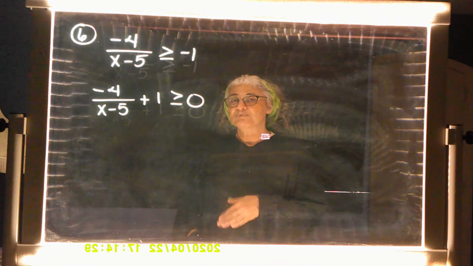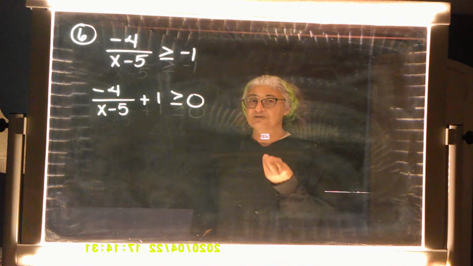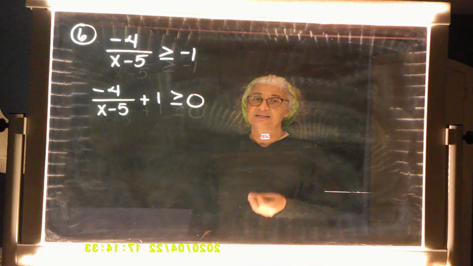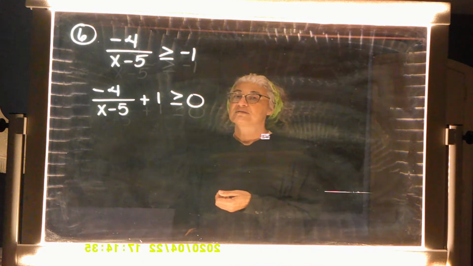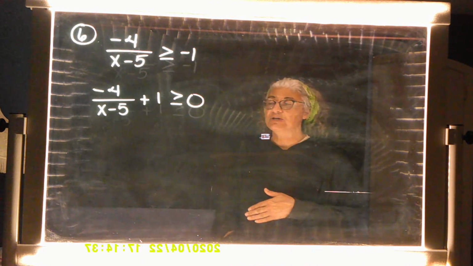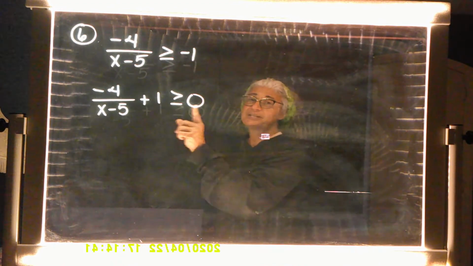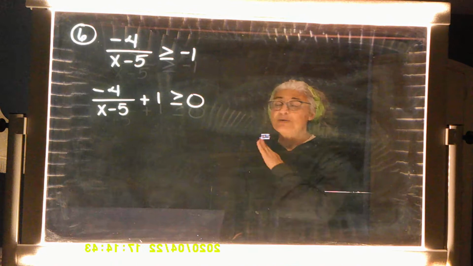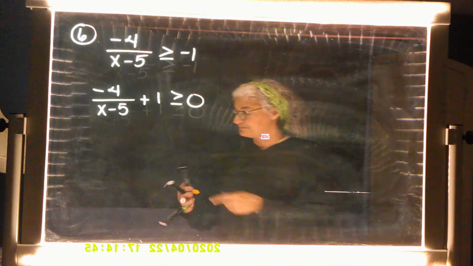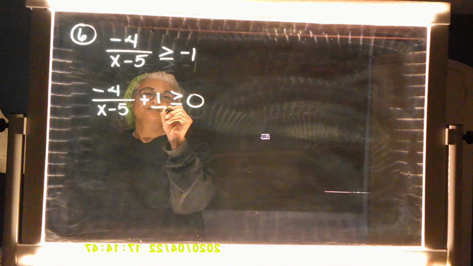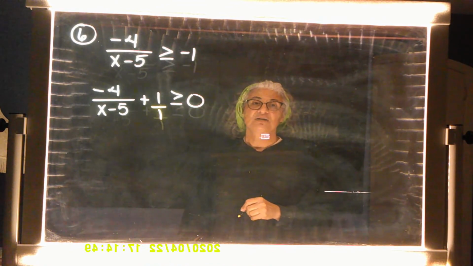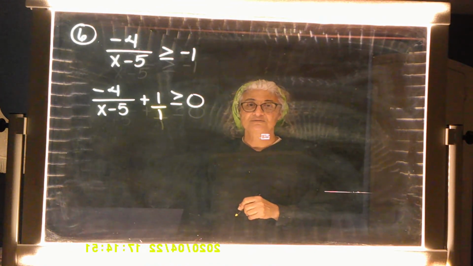The last problem was simple because it was a single fraction. I combined like terms on some of the previous problems. So this one, I need to have a single fraction, which means I'm going to have to add those two guys together before I can do anything else. So this has a denominator of 1. What would be my common denominator?